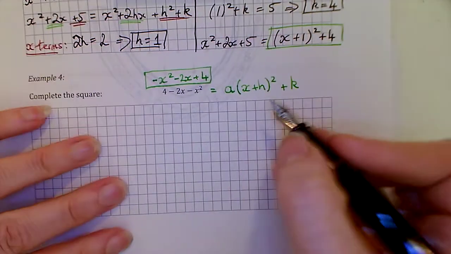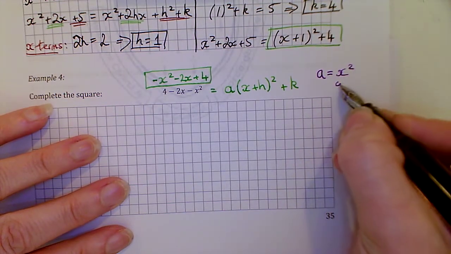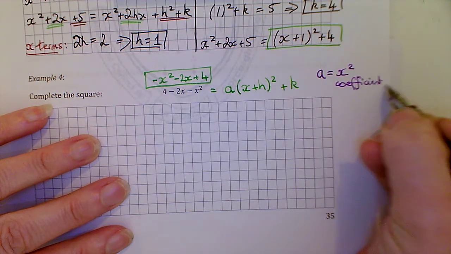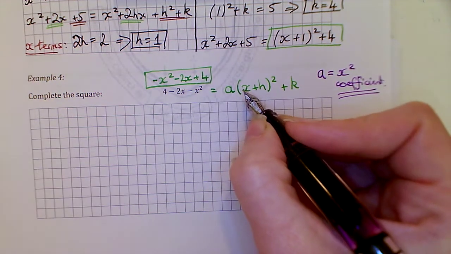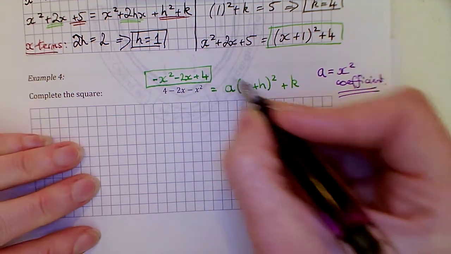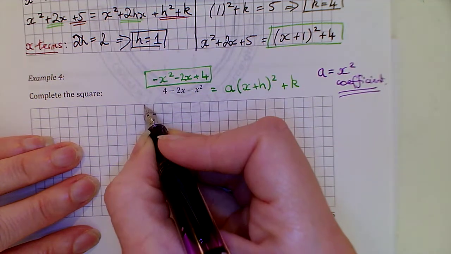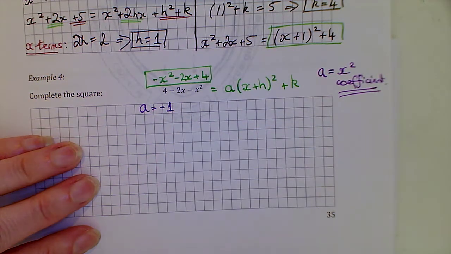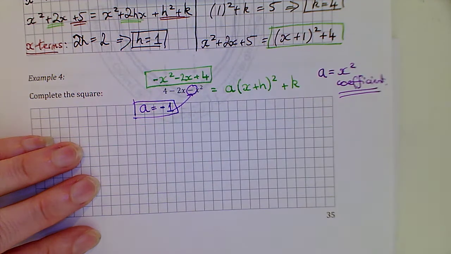A is always equal to the x squared coefficient. Always, always, always. Why? Because when I square this out, I'll only have one x squared term, so the a will multiply that. So in this case, a is going to be -1, because that is my x squared coefficient.